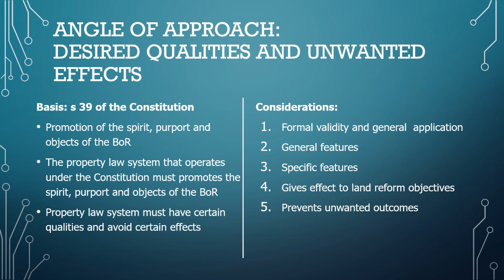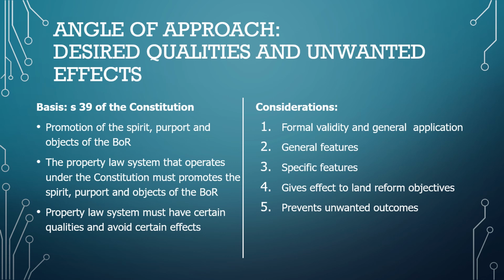So here we're talking about reading down or reading in, etc. The same then applies for another general feature, such as equality. The source must promote equality as enshrined in Section 9. The source must promote administrative justice as enshrined in Section 33. And the source must also promote access to courts, as enshrined in Section 34.